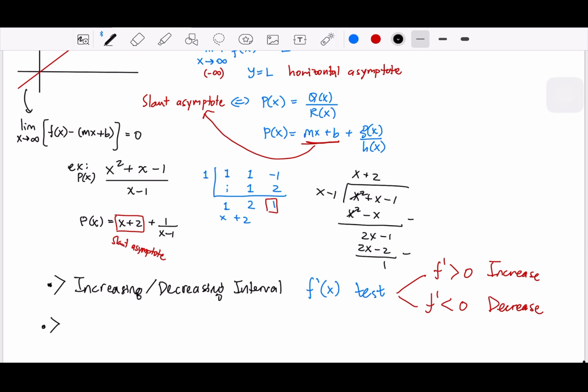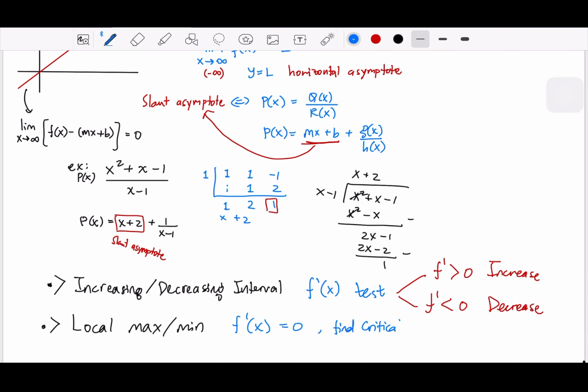Next is the local max and min. We get this through the critical numbers, and we plug the critical numbers in to get our max and min values. So we take f prime equals 0 to get the critical numbers.